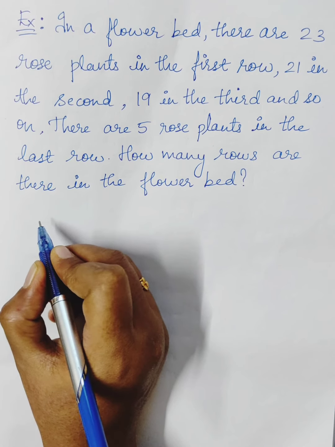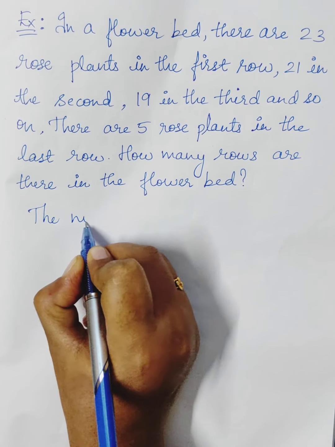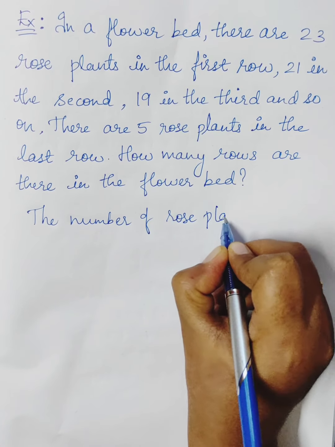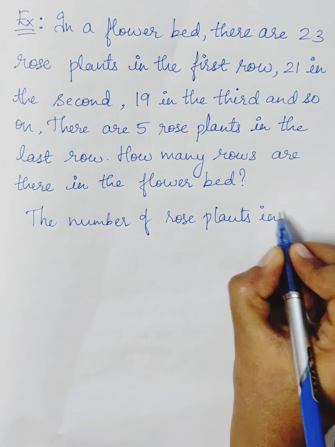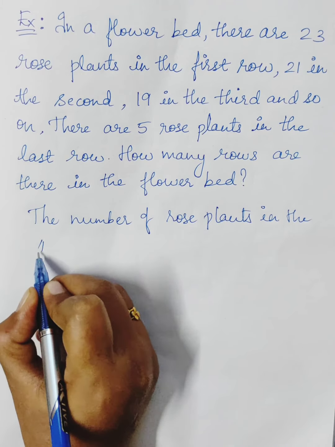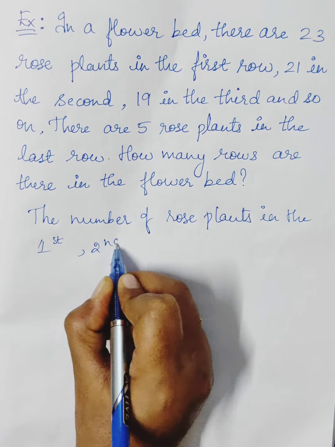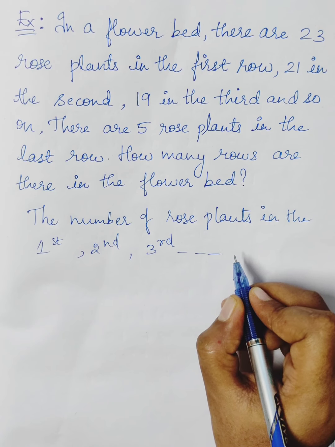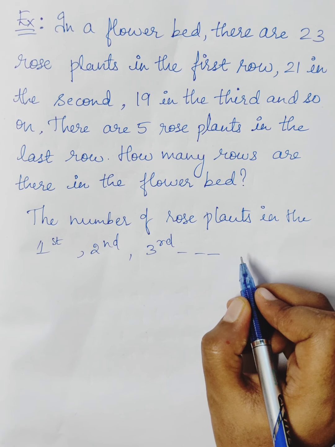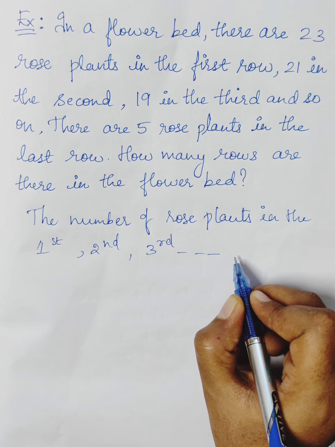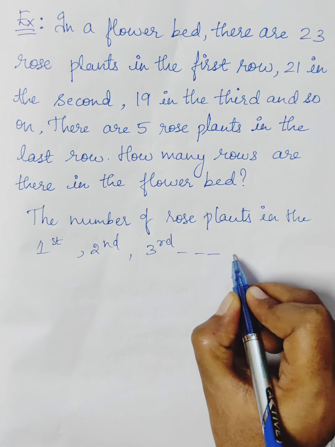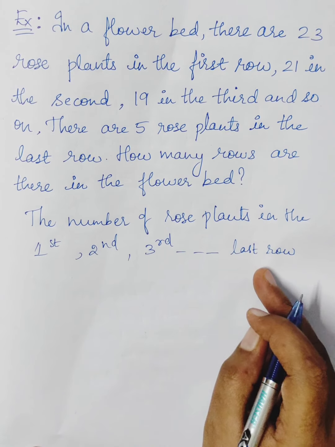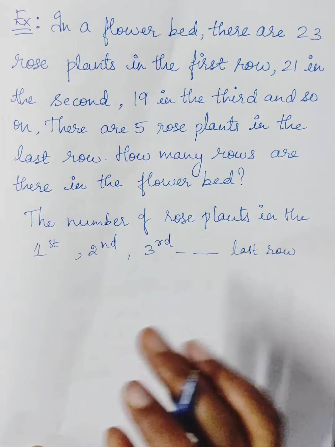First I am going to write the number of rose plants in the first, second, and third row, and in the last row. So this will be the last row. The number of rose plants are given.